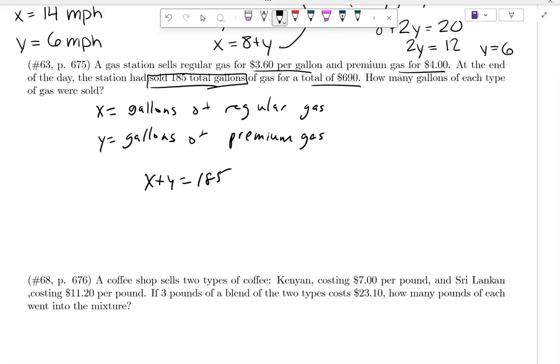What about the other? The other equation involves something about a total price, right? So I probably want something equal to 690. What's going to equal 690 in this case?